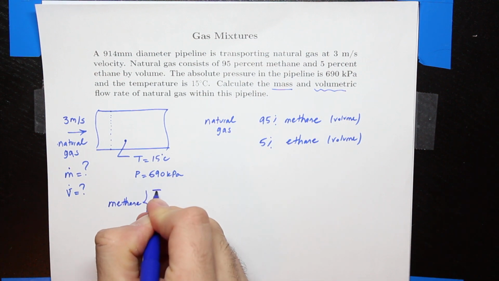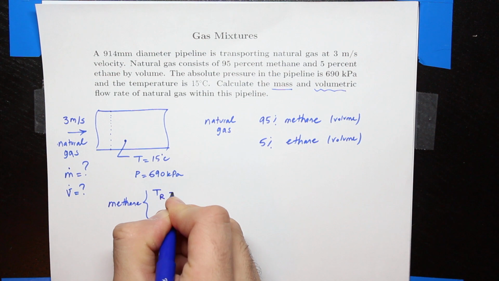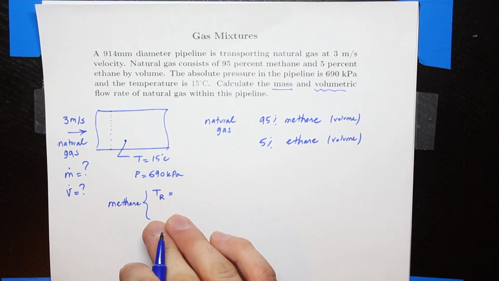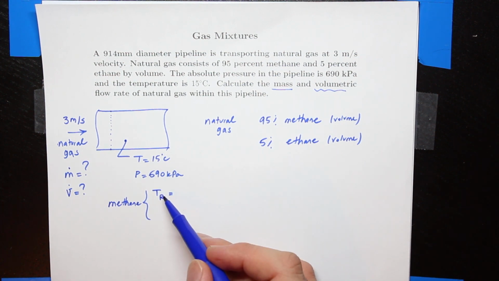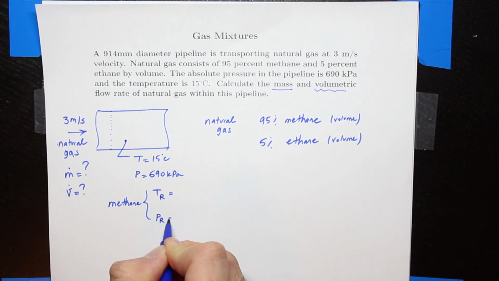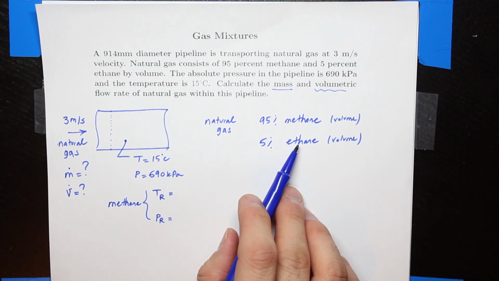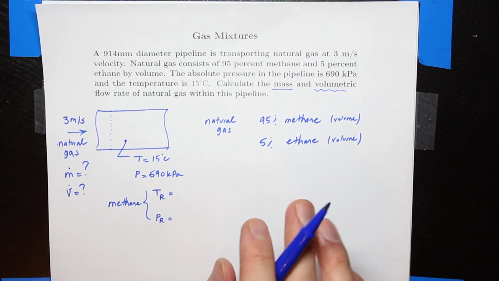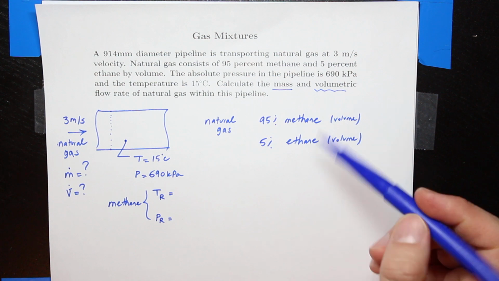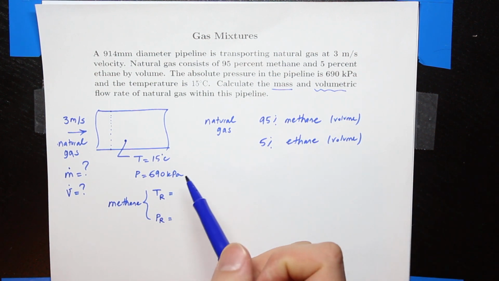The temperature is given, so based on that, I can obtain the reduced temperature. My goal is to use the reduced temperature and the reduced pressure to obtain the Z value for each gas separately. Based on the Z values, I can decide whether these gases are behaving ideally. So that's my goal: I'm trying to obtain the Z value.